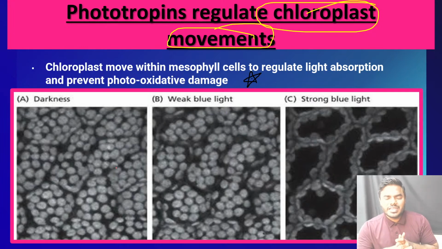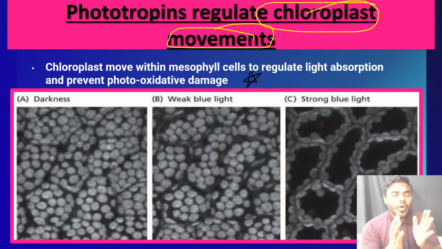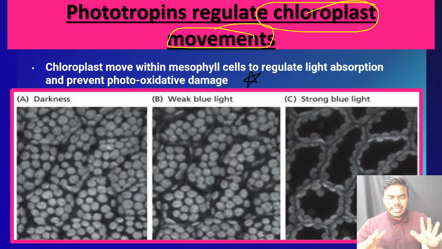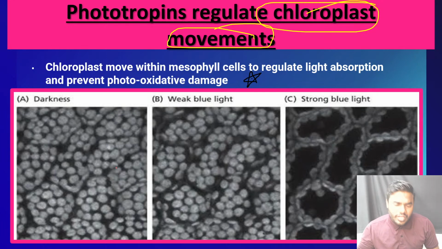Now every student listen: while studying photosynthesis, we studied a mechanism called the photoprotective mechanism. I hope every student remembers. Friends, what is the general mechanism? Imagine I am a chlorophyll molecule. What is my function? I absorb light energy and convert it into chemical energy. By that, the plant prepares food.